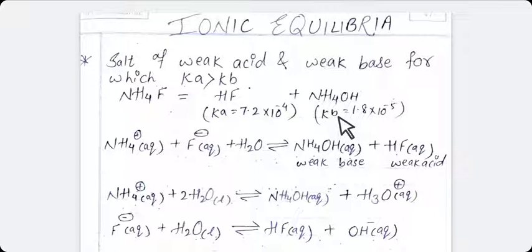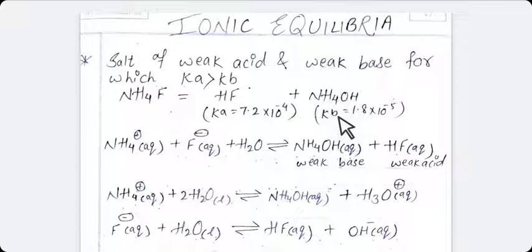Kb means dissociation constant of base. The value of Kb for ammonium hydroxide NH4OH is 1.8 × 10^-5. Here, as you have seen, Ka is greater than Kb.